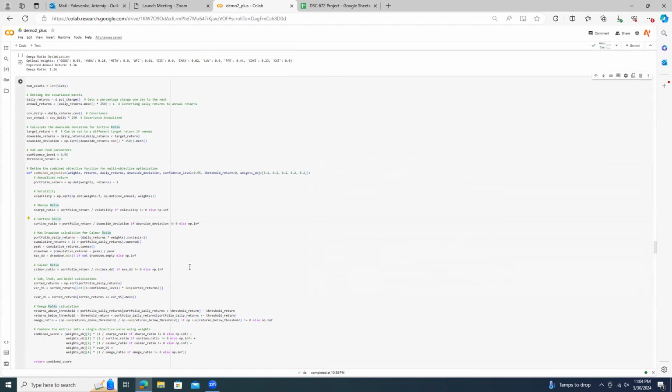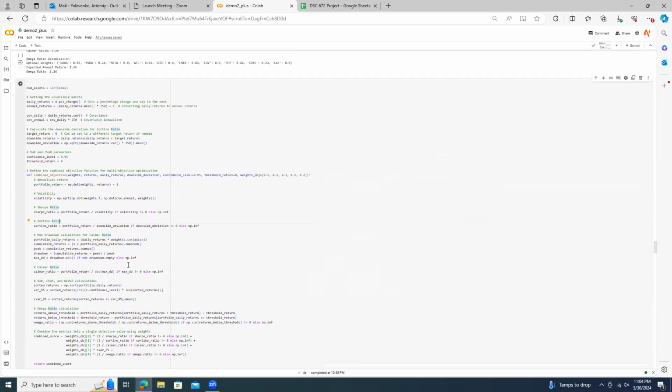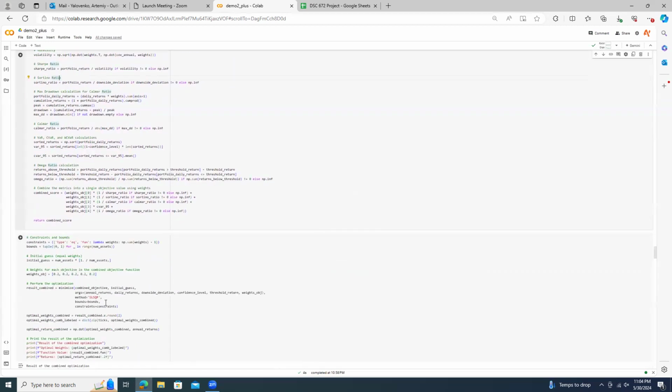Here we specifically used the scikit optimize package using the SQP method. We used minimize because all of these we want to minimize.